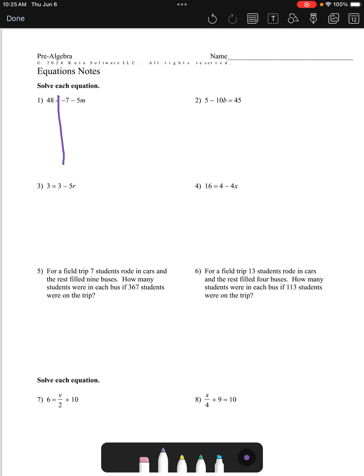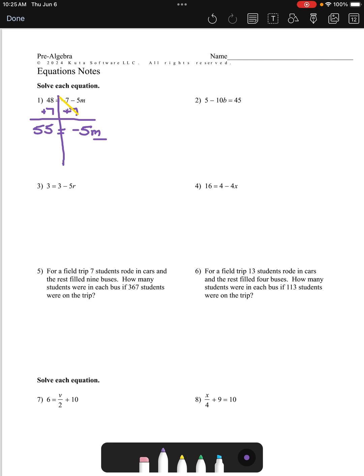The first thing we've got to deal with is this -7 that's hanging out on the right-hand side with m. It's a -7, so how do we get rid of it? We have to use a +7. So we're adding 7 on both sides of our equation. 48 plus 7 is 55. On the right side, the -7 and +7 cancel one another out, leaving us with just the -5m.